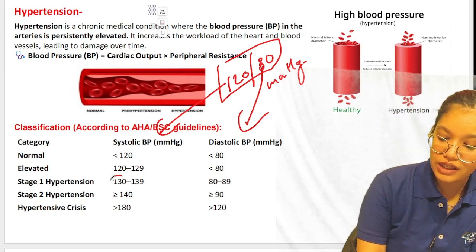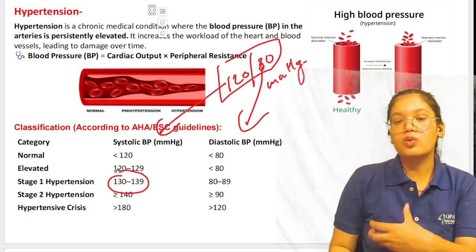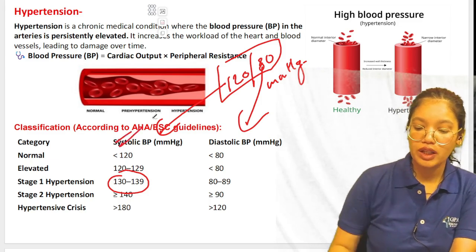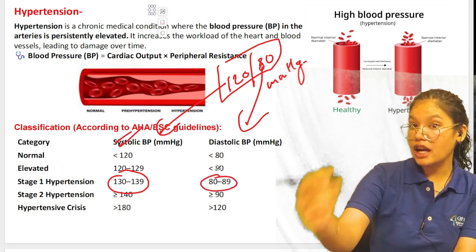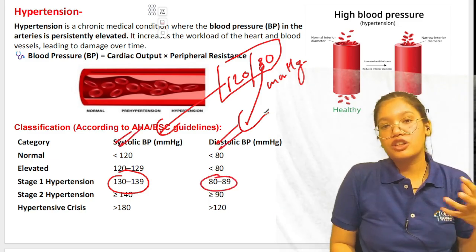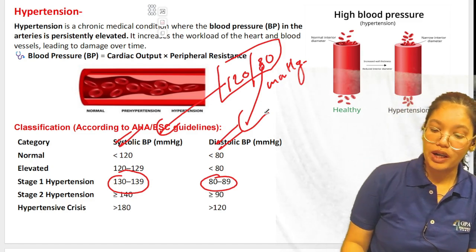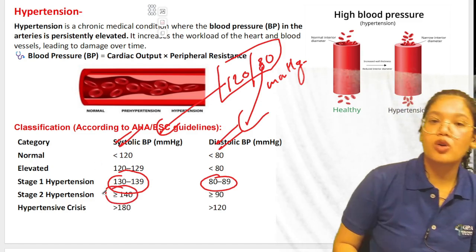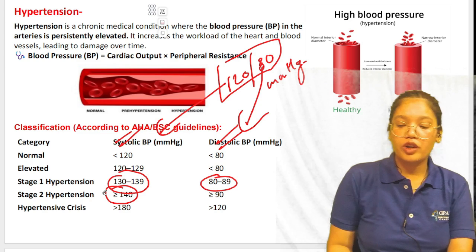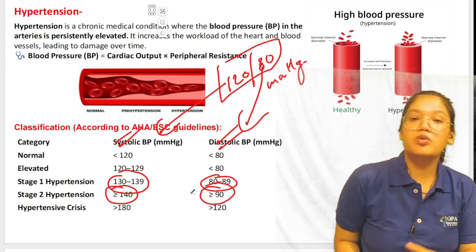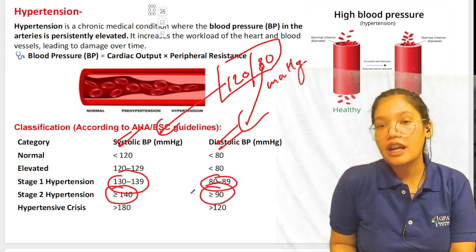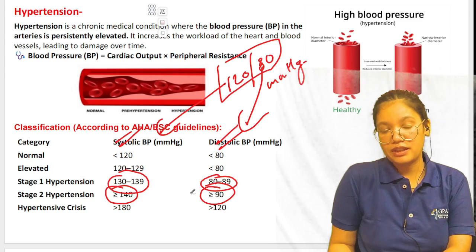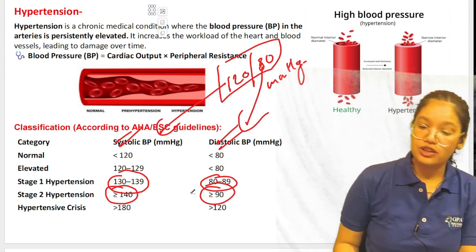When it reaches 130 to 139 systolic and 80 to 89 diastolic, that condition is called hypertensive stage 1. Then if it is 140 or more systolic and 90 or more diastolic, that is the second stage hypertensive condition. It is the dangerous state.